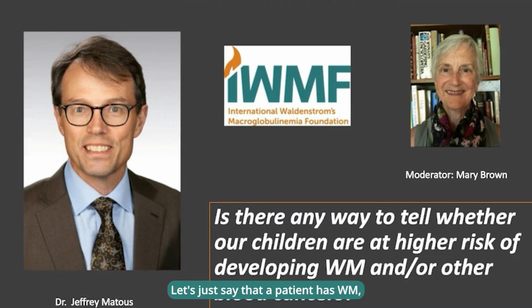Let's just say that a patient has WM, and they want to know about their children's risk. This is a 3 in a million cancer. Let's just say that in family members it goes up 3 or 5 times. It goes from 3 in a million to 9 or 10 or 15 in a million. Still pretty darn rare, and we do not routinely test those patients to see if they have WM.